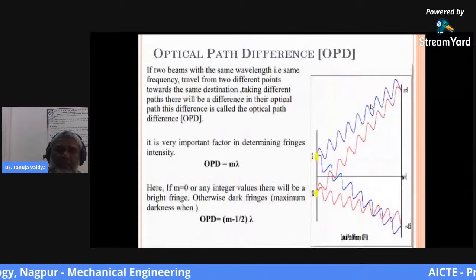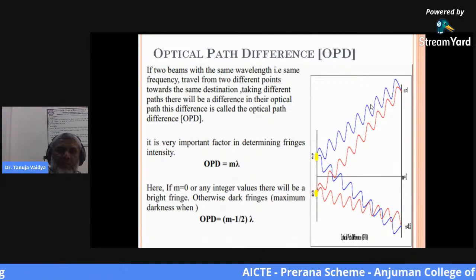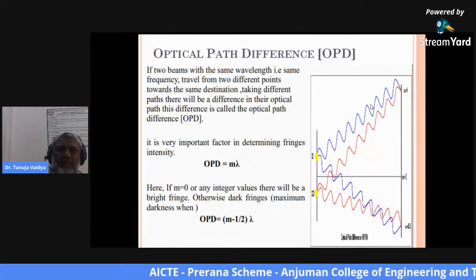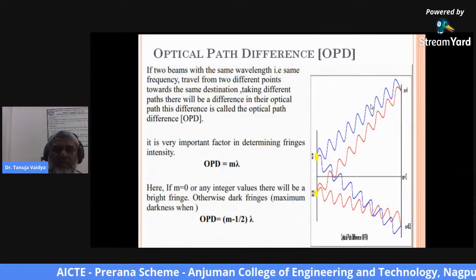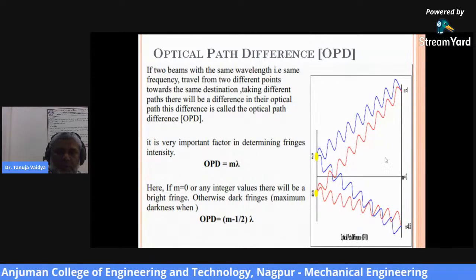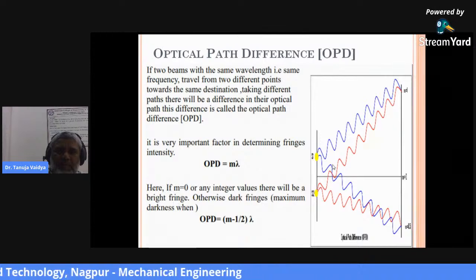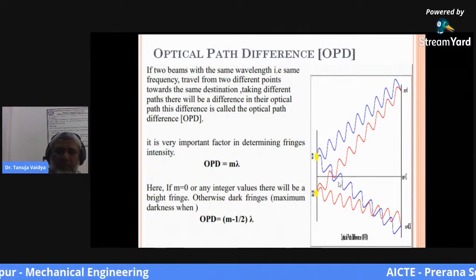optical path length. Another point which is of very much importance in this interferometry is the optical path difference, that is OPD. There are two beams over here from the source, one beam going in this direction and another beam going in this direction.